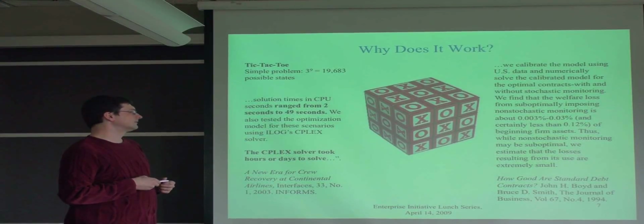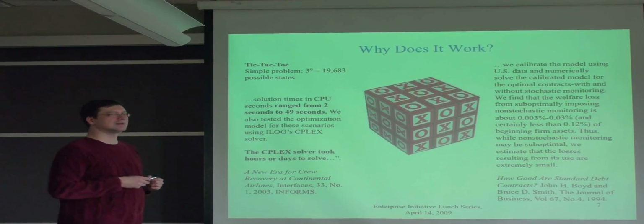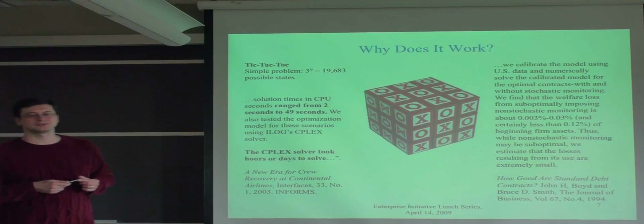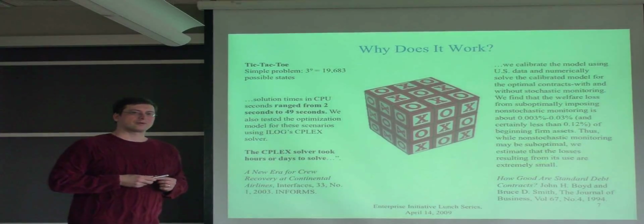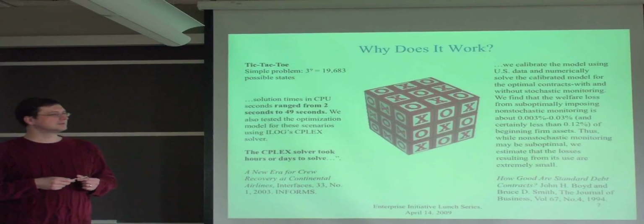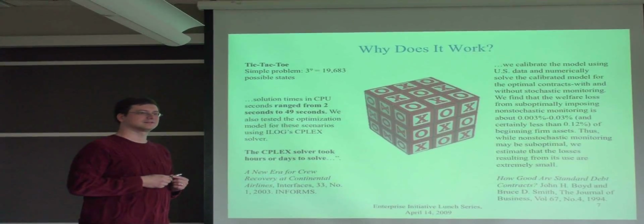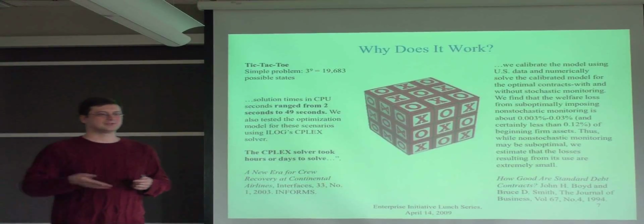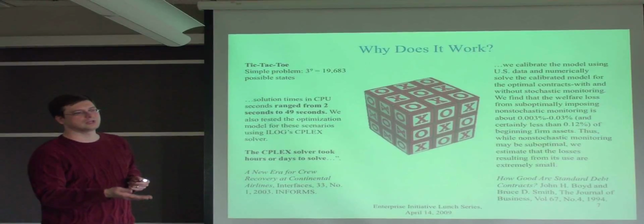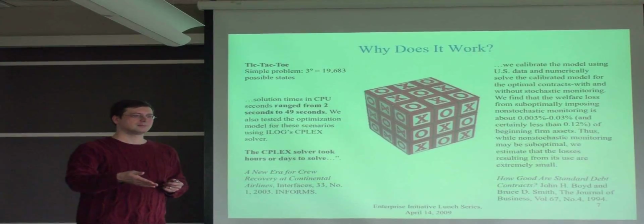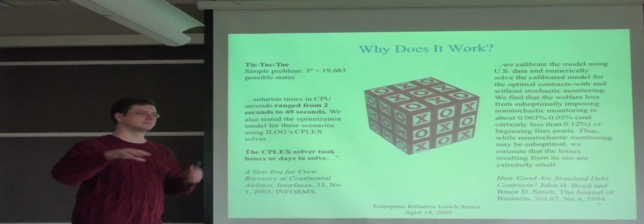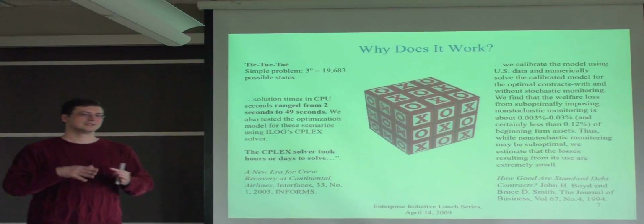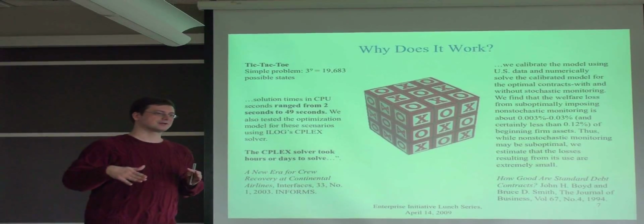There was a nice line of research in contract theory about how to structure debt contracts, and a very famous result by Professor Townsend, which says that the standard debt contract is the optimal one. Basically, if you give money to an entrepreneur, you don't monitor what he's doing, but when he fails, you take over all his assets and completely take over what he's doing in case of bankruptcy.